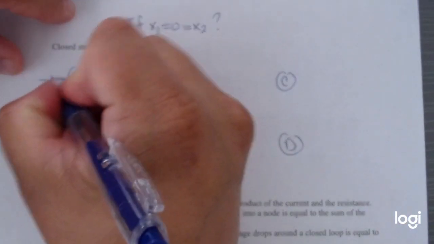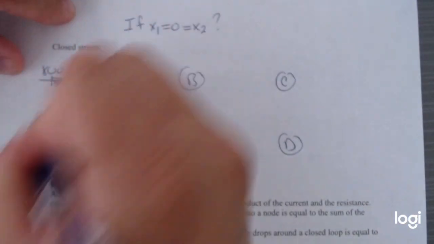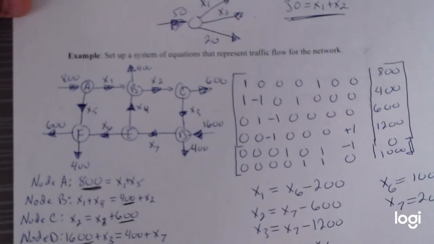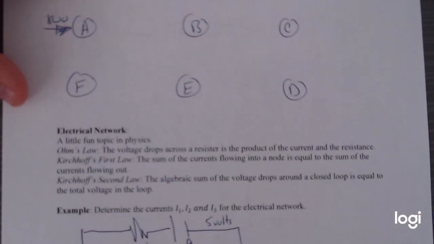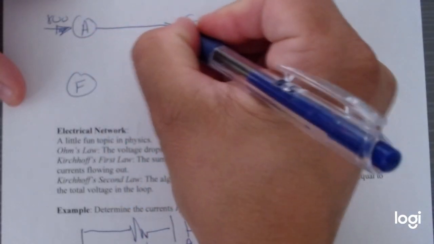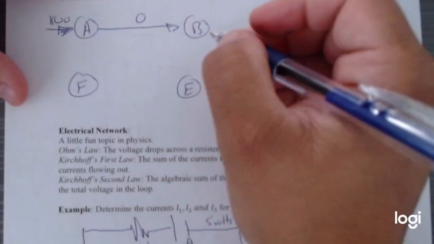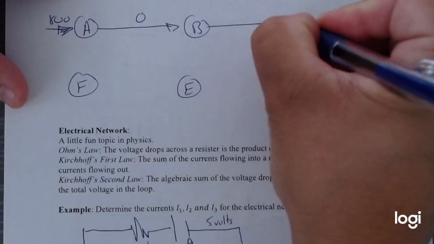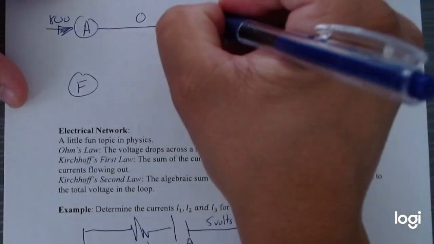So now, if I just rewrite this whole process, but now knowing x1 and x2 are 0, this flow in is 0, and so is that. So it doesn't matter the orientation, it's going to be 0.